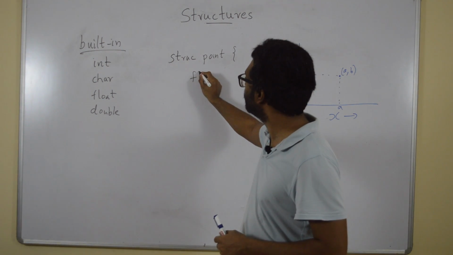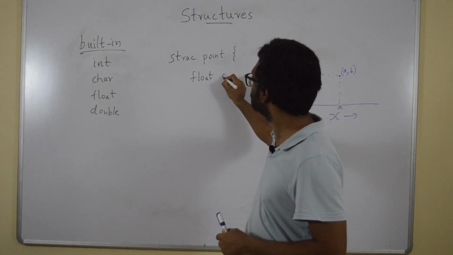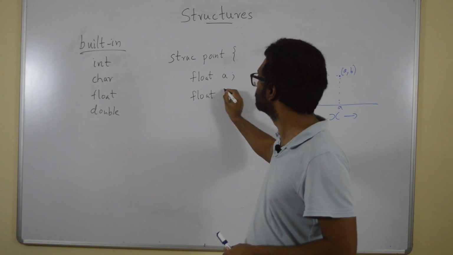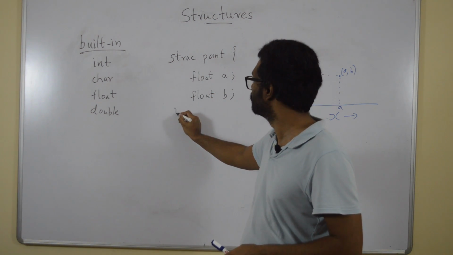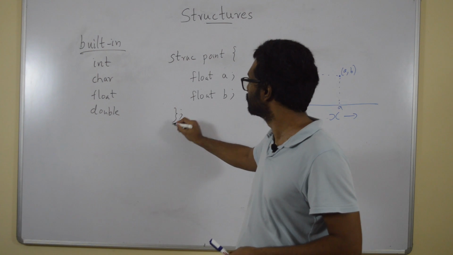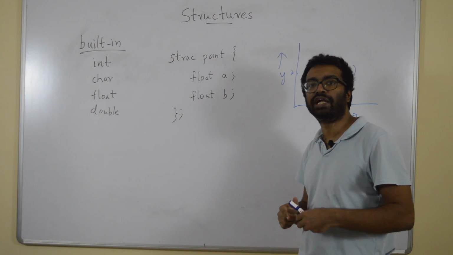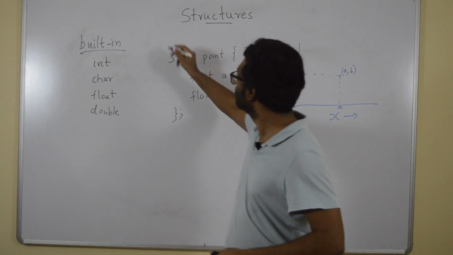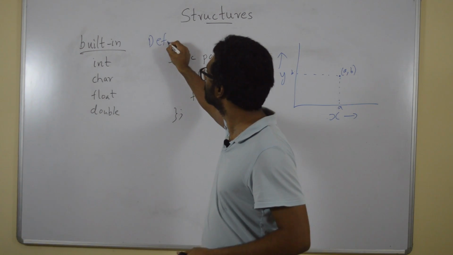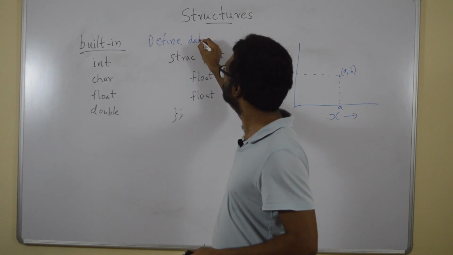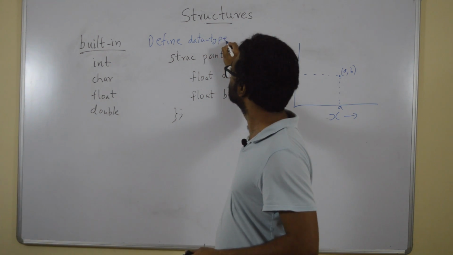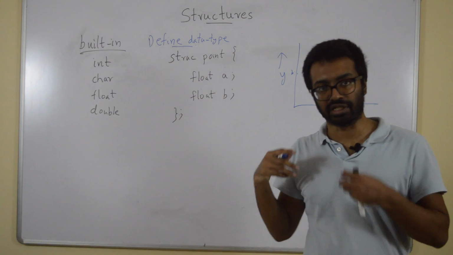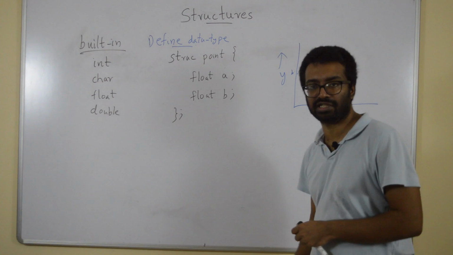You are going to write inside float A, float B. Okay, so this is how I define a data type. So this is a user defined data type, because the C programmer can define such a data type.